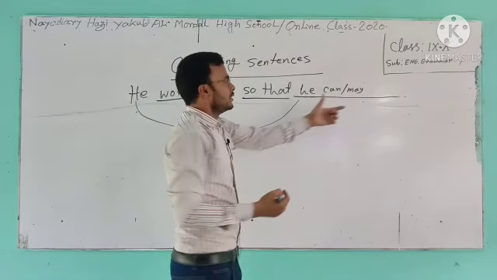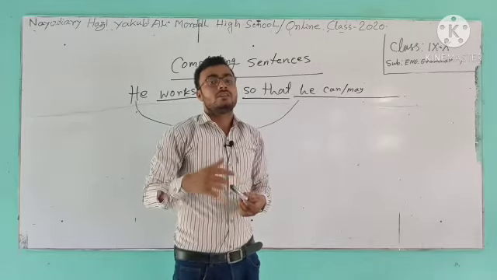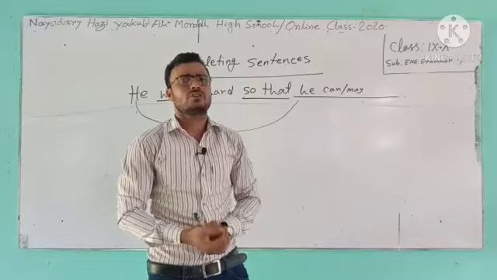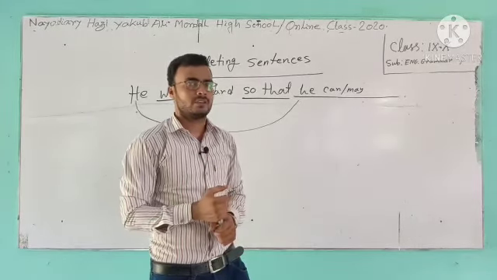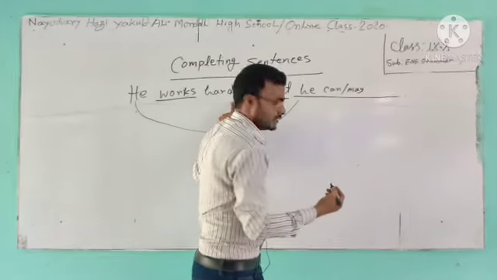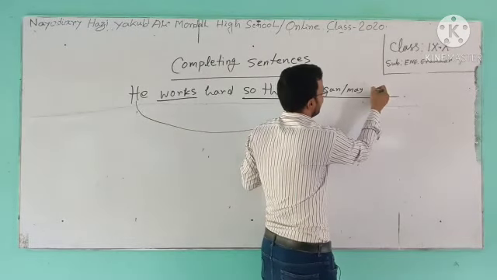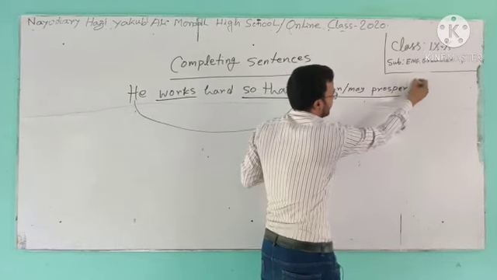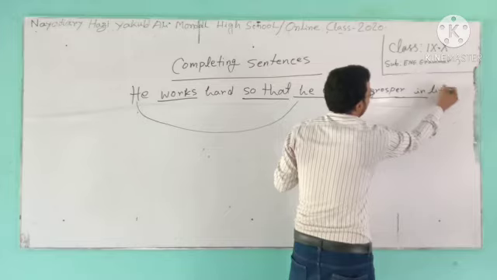So you can use any verb, but the form of the verb is in present form. So, he works hard so that he can or may prosper or shine in life.